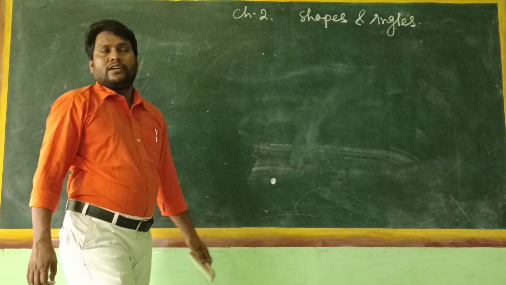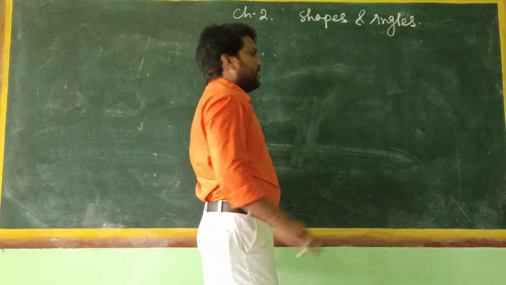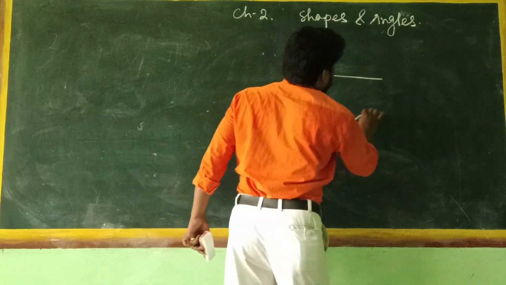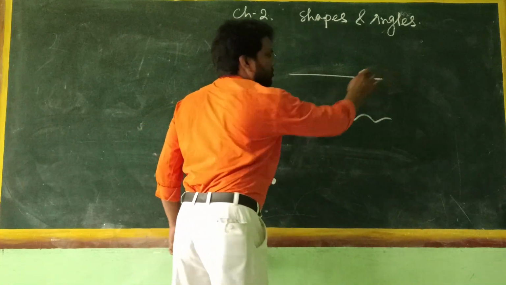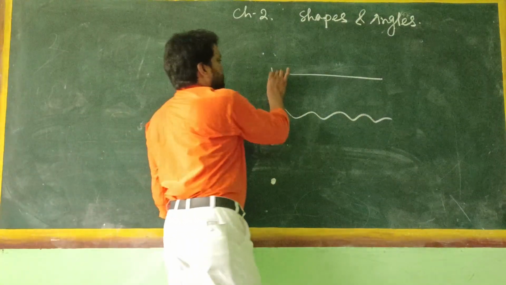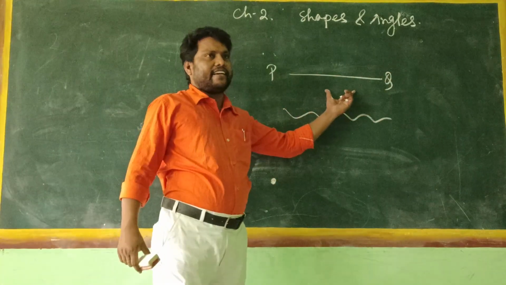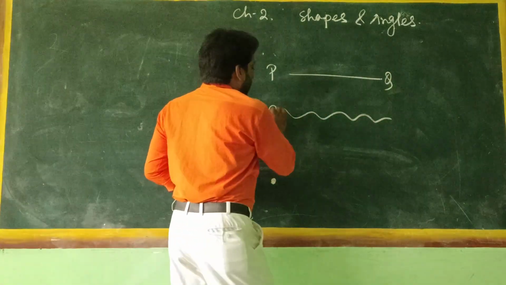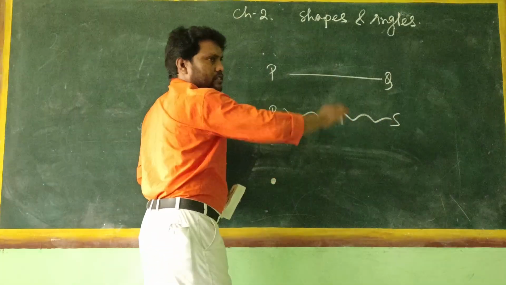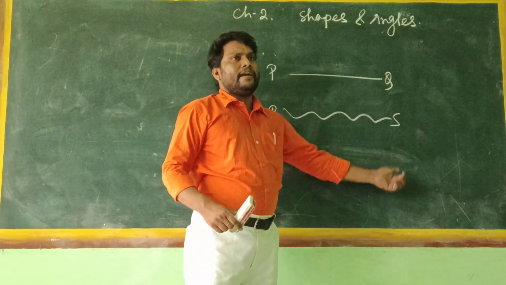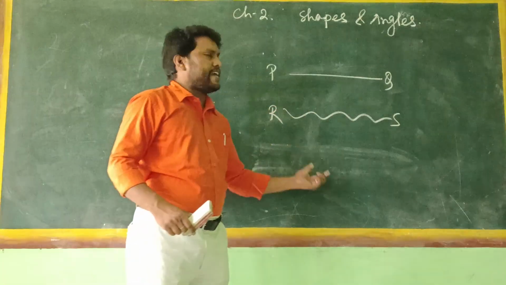Next, another type. What is the difference between two lines? Suppose PQ goes straight. So it is called a straight line. Suppose RS goes by changing its direction many times.